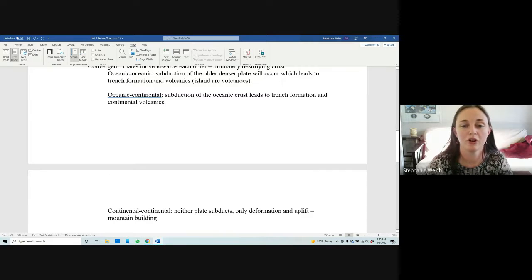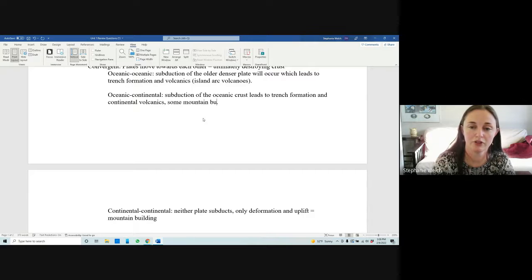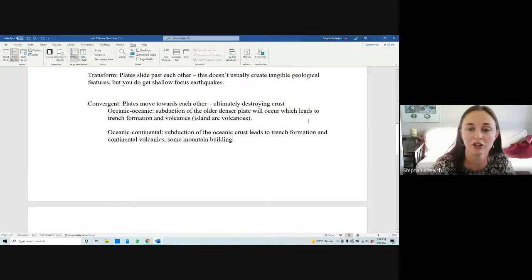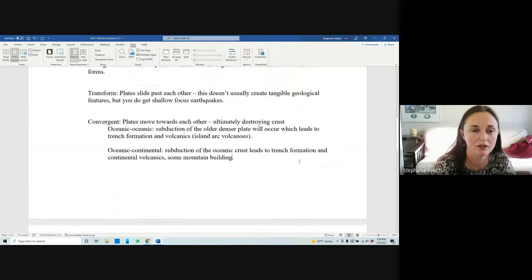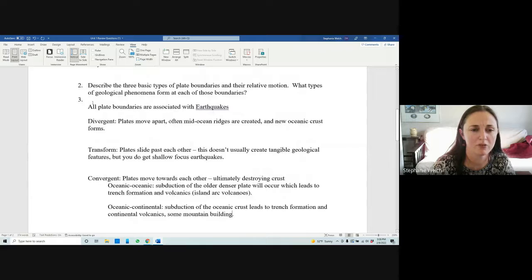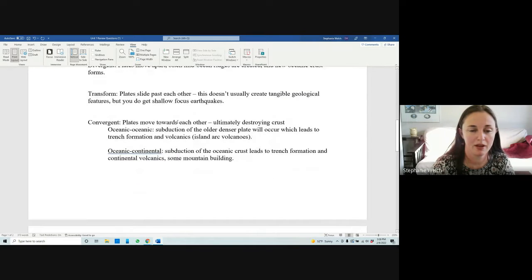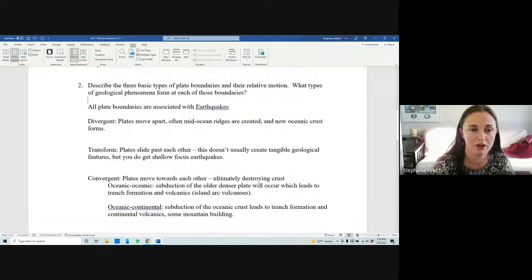And I maybe should note up here, this oceanic continental convergence will often lead to some mountain building too, because you're deforming, thickening, and uplifting the crust. I'm sorry this kind of wound up spreading across two pages here.